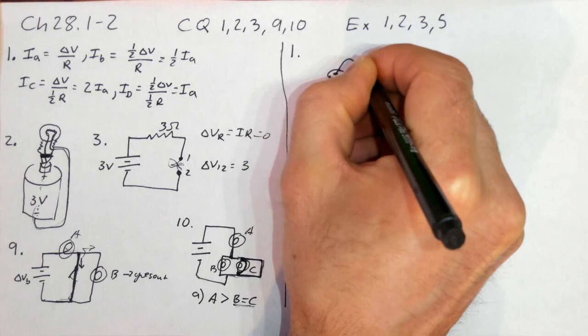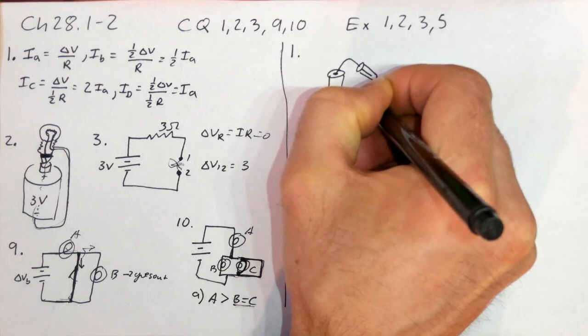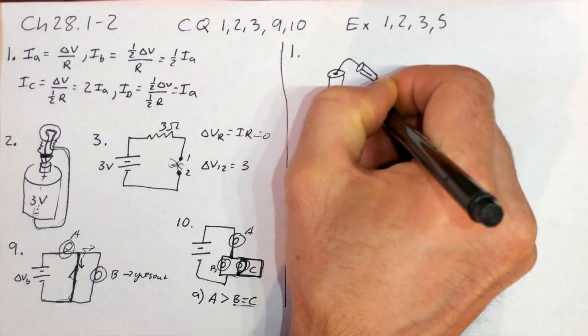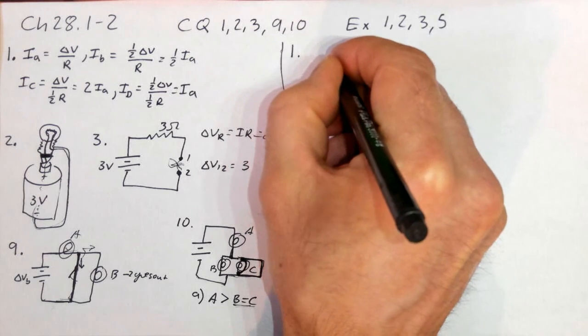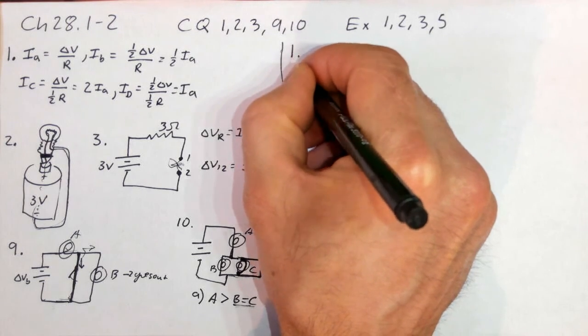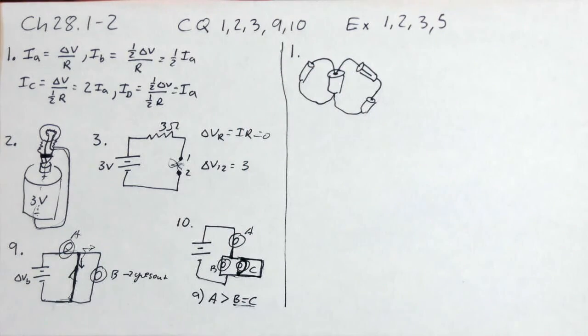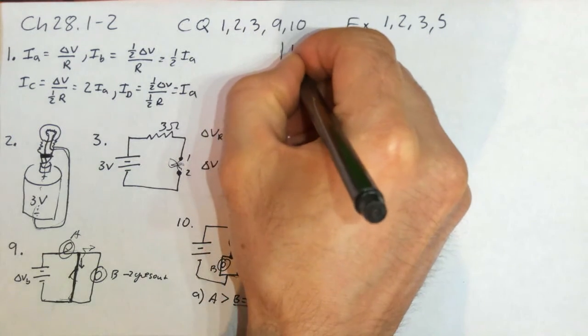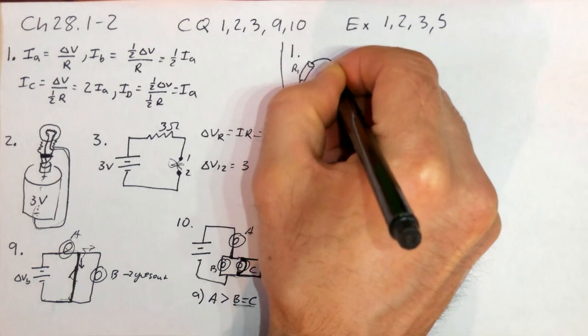And it goes through these two resistors back here, and then another wire that goes like that. That's the picture, and we need to translate that into a diagram. So I'm just going to call this R1, R2, and R3, and this would be delta V battery.